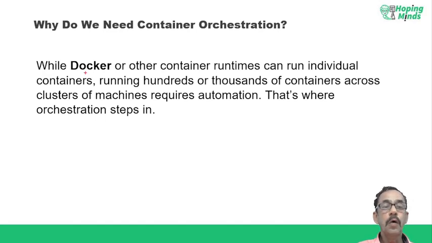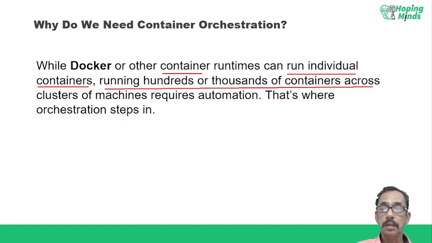Why do we need orchestration? Perhaps it's clear to you. Docker, which I told you is a container type, or any other container application that you're using, can run individual containers. But running hundreds and thousands of containers across a cluster becomes very difficult manually.